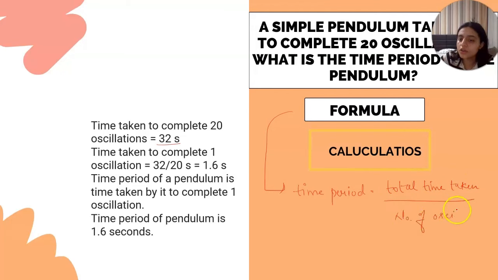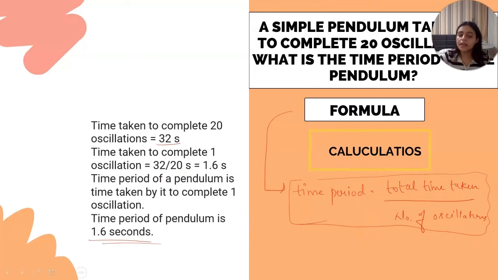We just put the data in this formula. So it will be 32 upon 20, and the answer is going to be 1.6 seconds. So the time period of the pendulum, the time taken to complete one oscillation, will be 1.6 seconds.